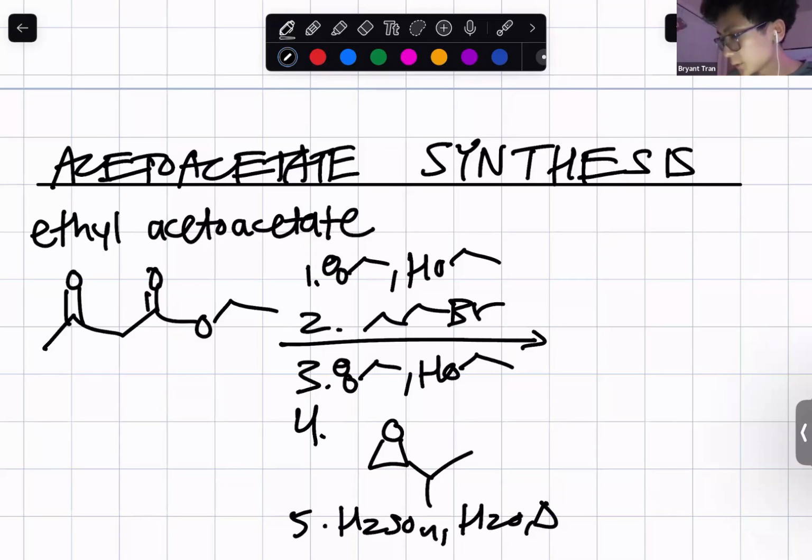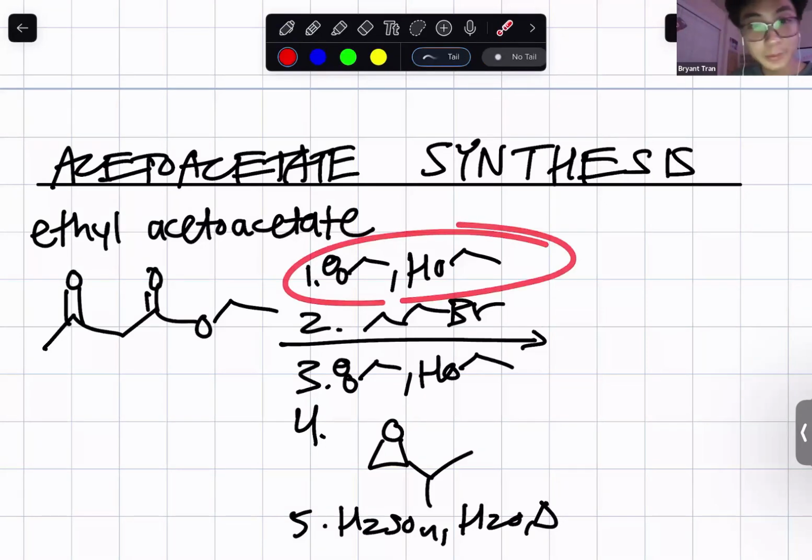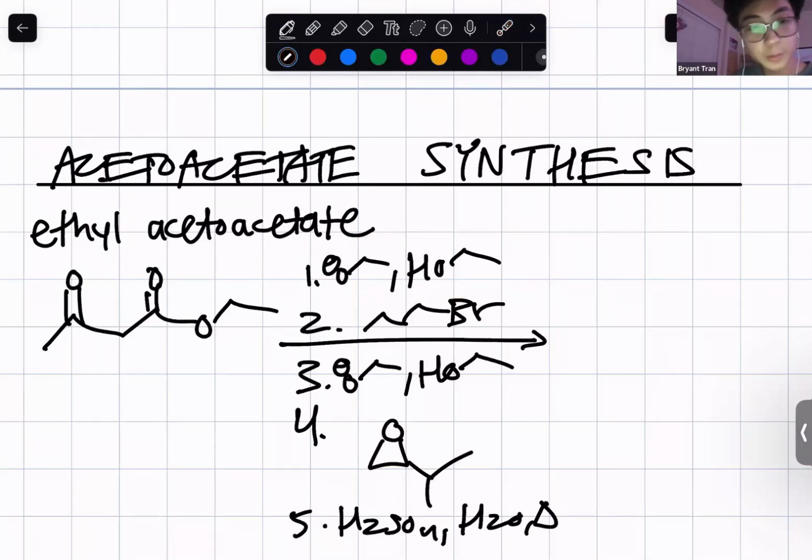So the first reagent, strong base, ethoxide ion. That's going to look for the most acidic hydrogen. That is going to be this alpha hydrogen right here.